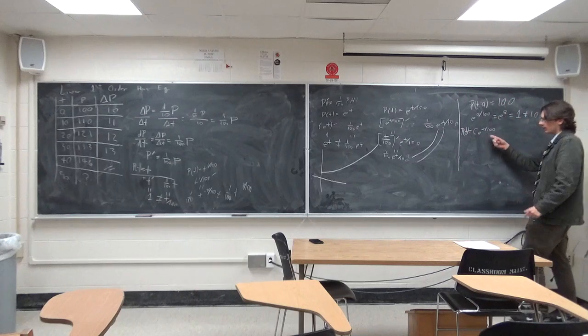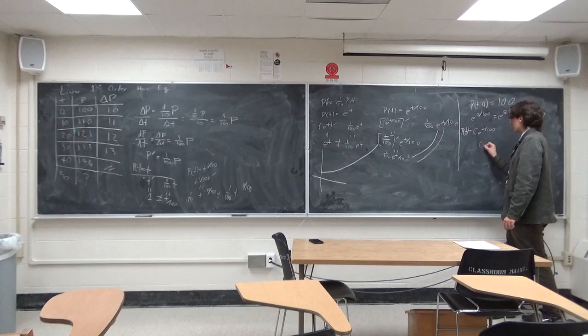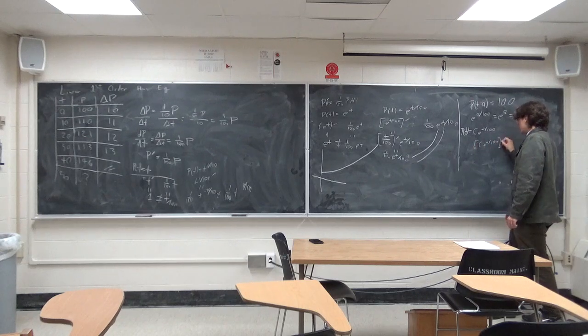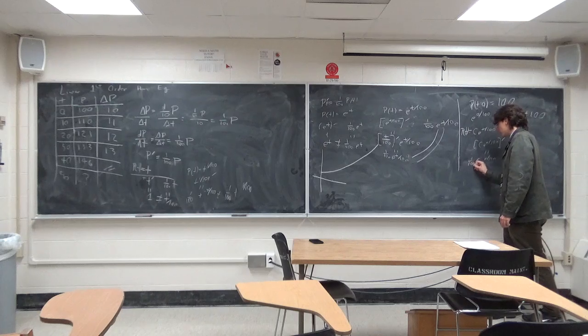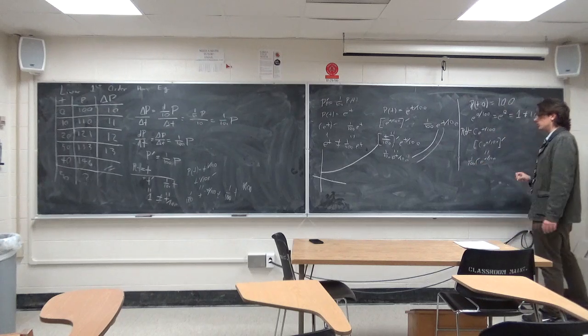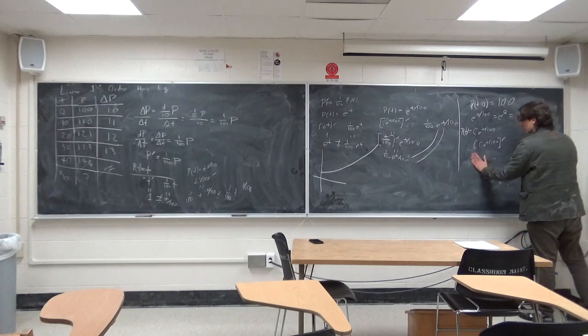Does this guy work? Well, yes, it does. I take the derivative of C e^(t/100), that turns into C e^(t/100) divided by 100, and that is exactly the differential equation that we want.